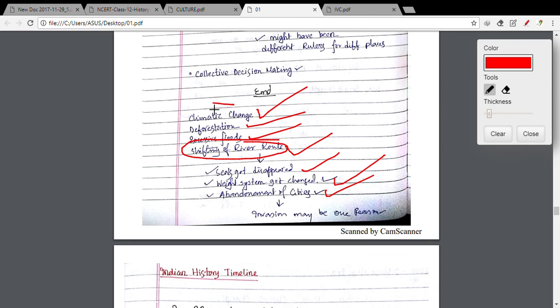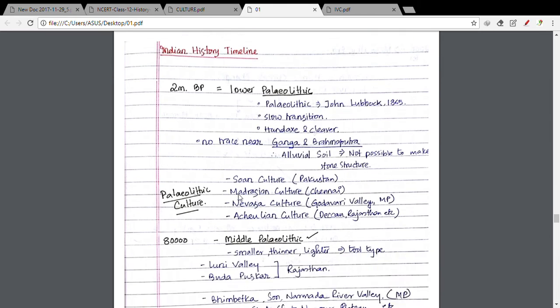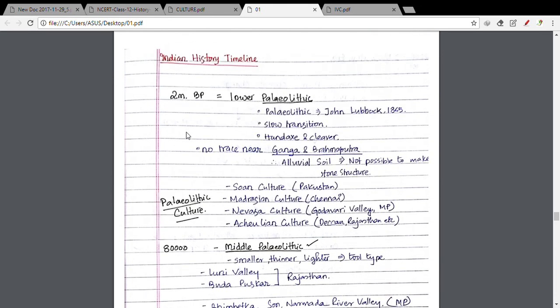Now two things can be there: one is due to nature, and one is invasion. The seals didn't actually disappear, they changed. Nothing disappears, everything gets changed, transformed. So transformation may be caused by natural reasons, or transformation may be caused by invasion, which is yet to be proved.